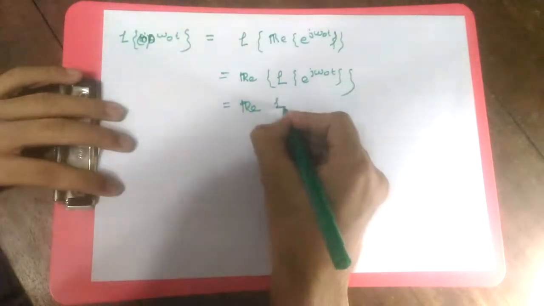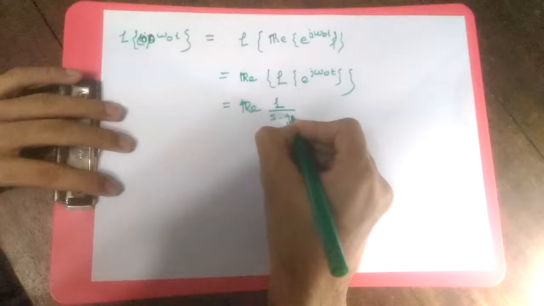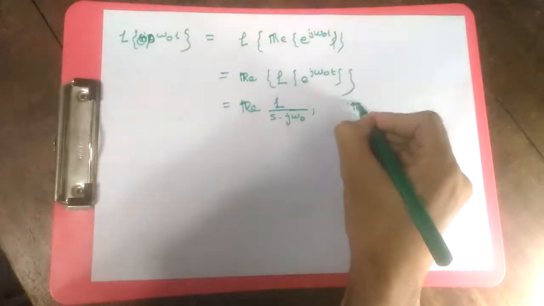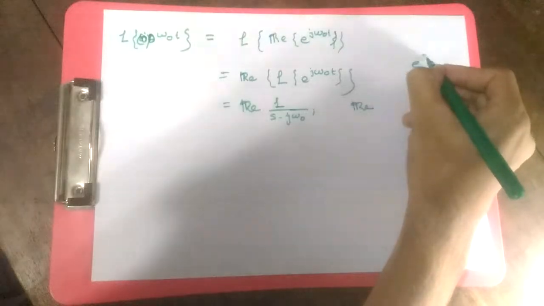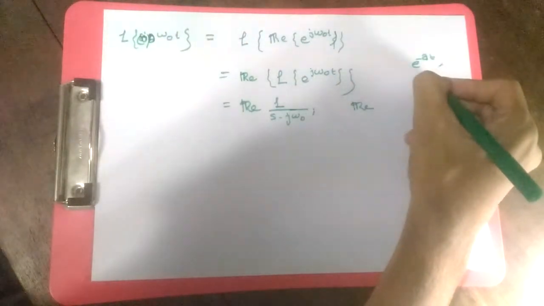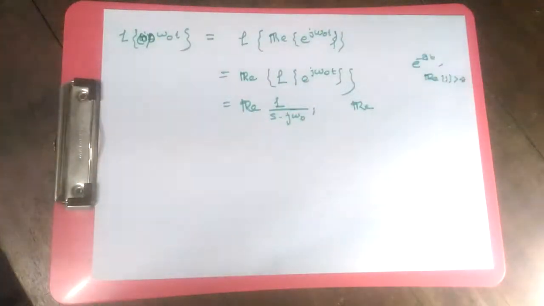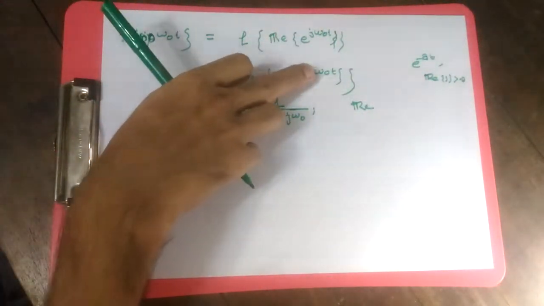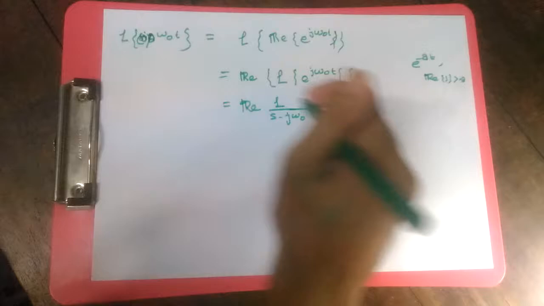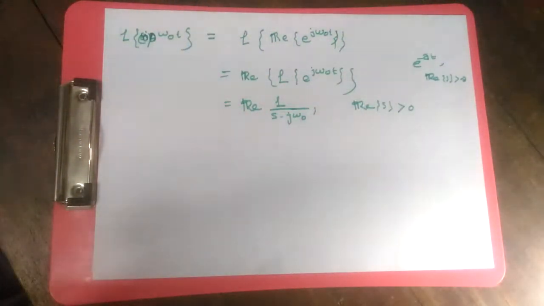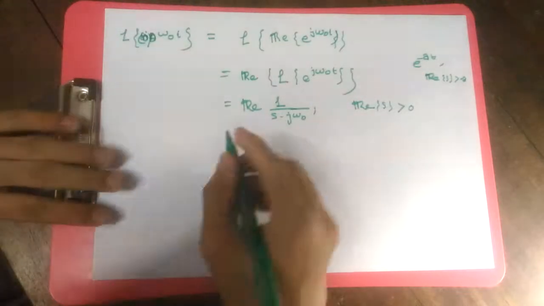The unilateral Laplace transformation is going to be 1 over s minus j omega naught, remember. And since we know for e to the power minus at the ROC was real part of s greater than minus a, here there is no real portion, it's only imaginary, so real part of s should be greater than 0. 0 is our real part, this is our ROC.